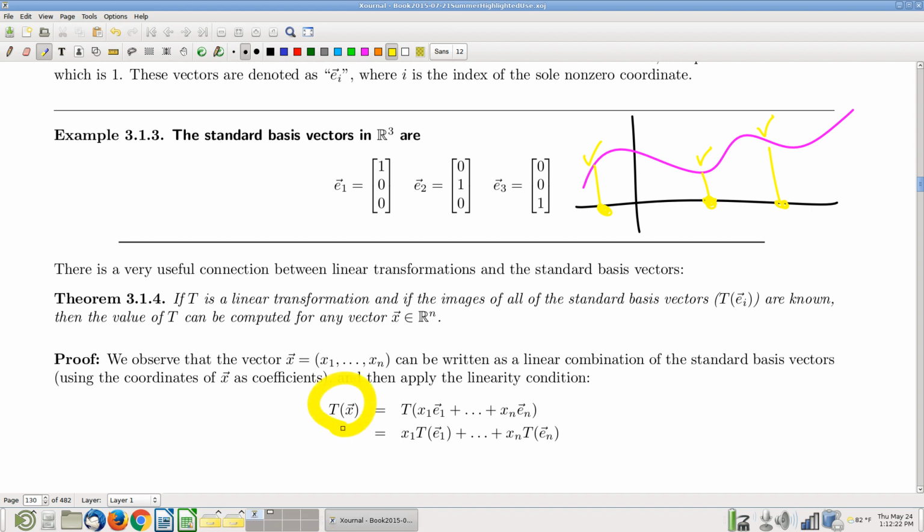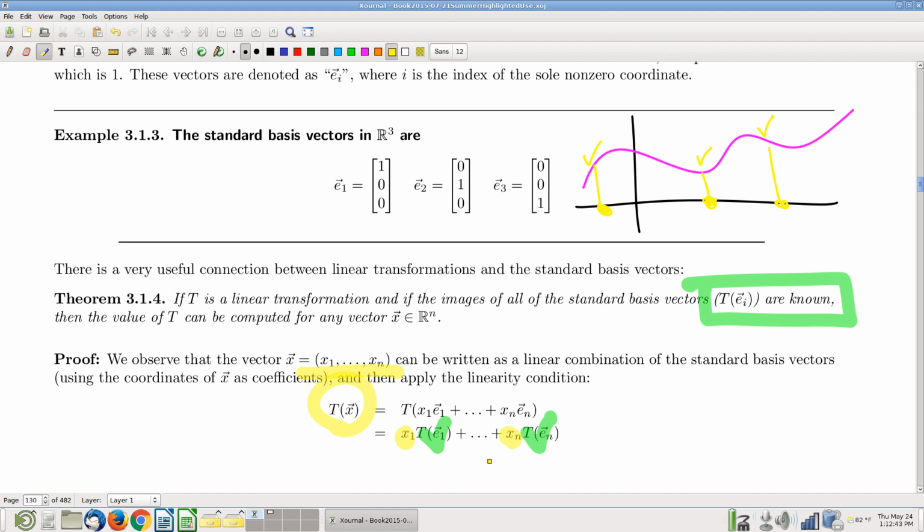Oh, you want to know the value of T of some vector? Okay, well, we already know all of these. I know T of E1, T of E2, etc. So whatever vector you've chosen, whatever this x1 through xn is, use those as your coefficients.